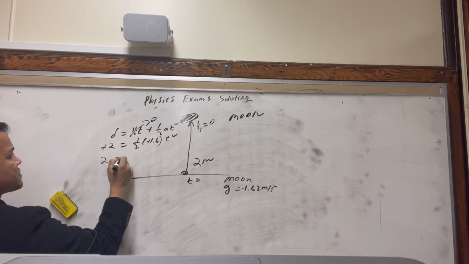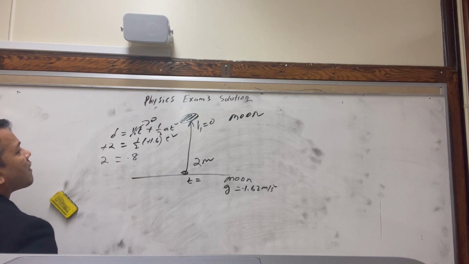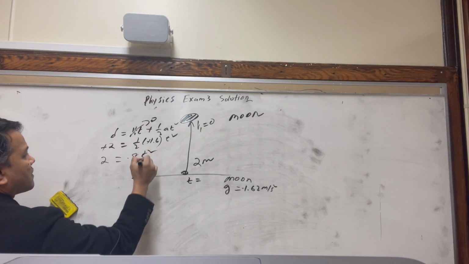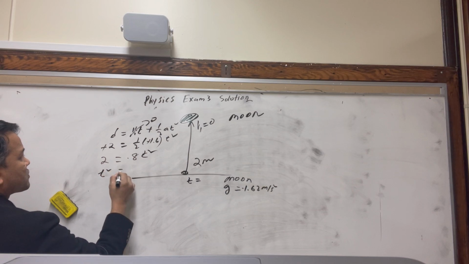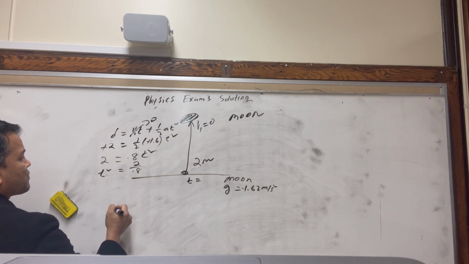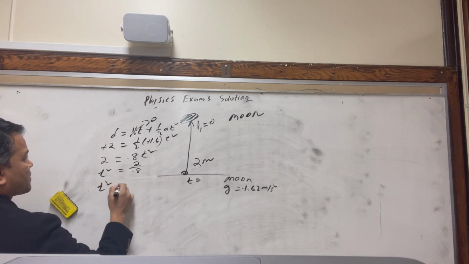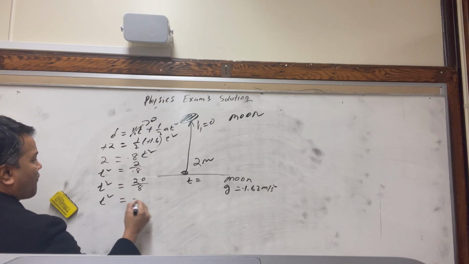Let's write 2 is equal to 0.8 t squared. All right, so t squared is equal to 2 divided by 0.8. Then t squared is equal to 20 divided by 8. So t squared is equal to 2.5.